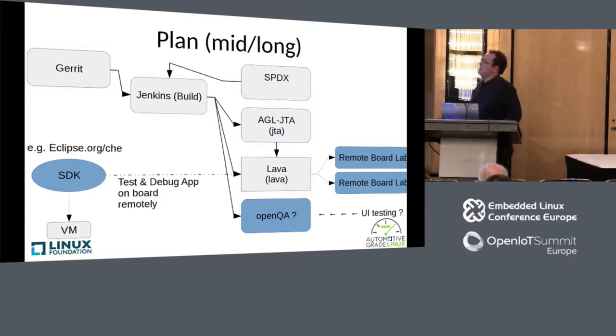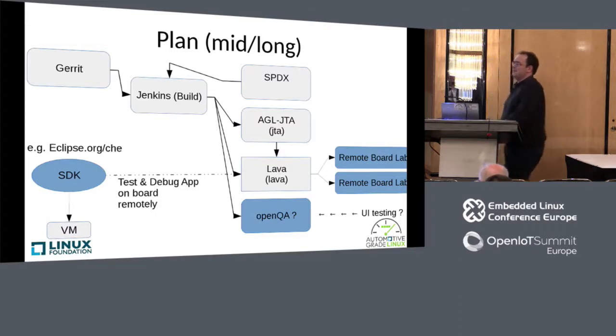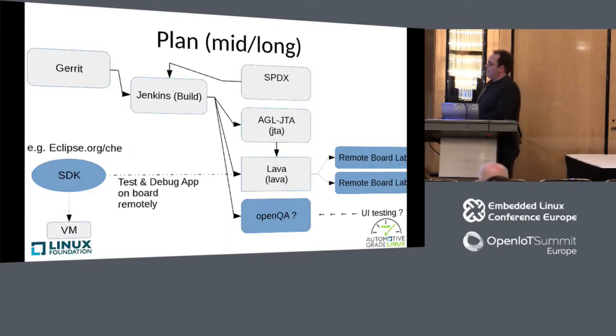Another idea is, what about the UI? UI testing is another interesting topic, but probably a big one on its own. There are systems out there. One of them is OpenQA.